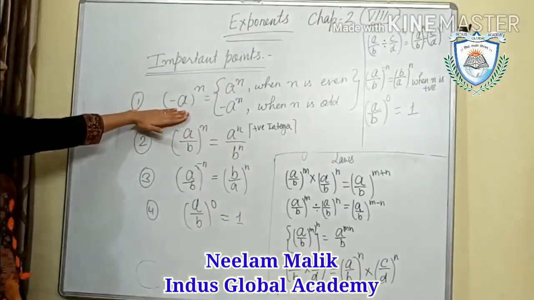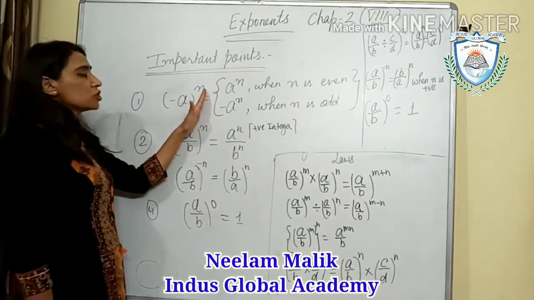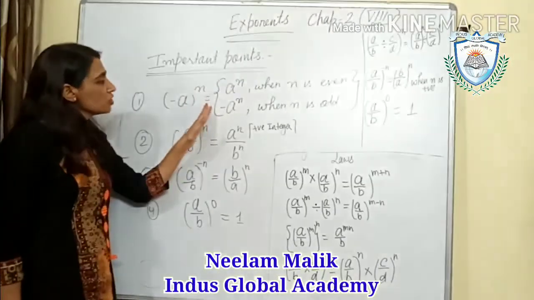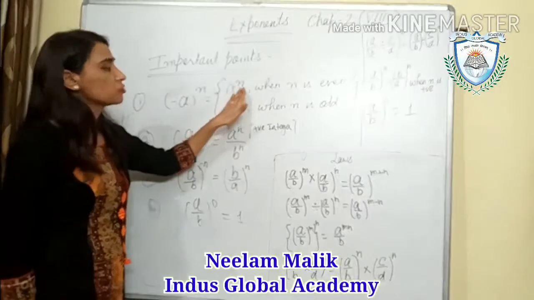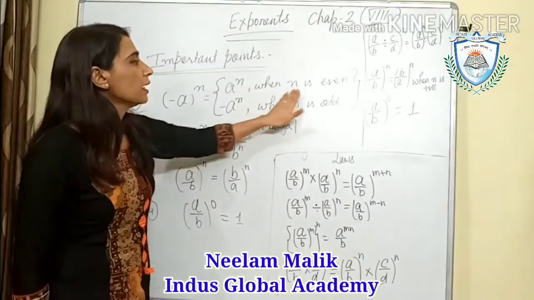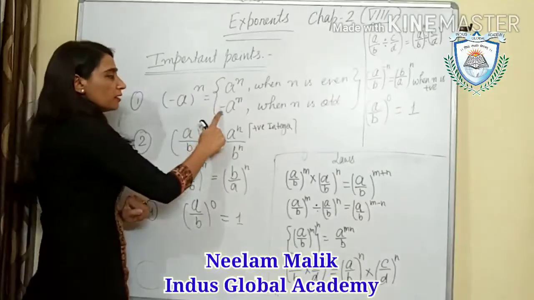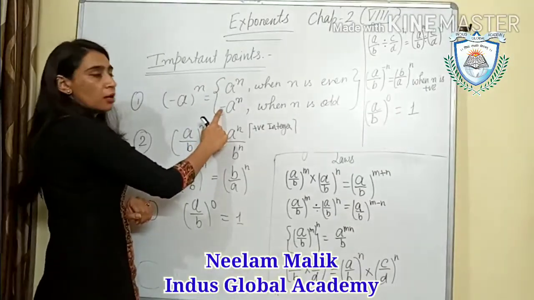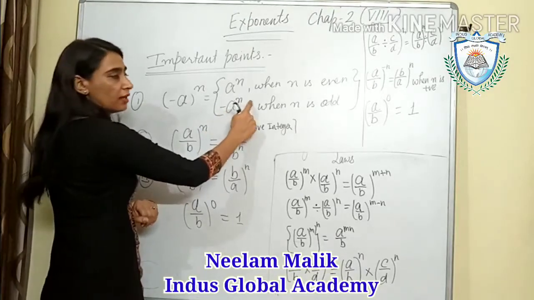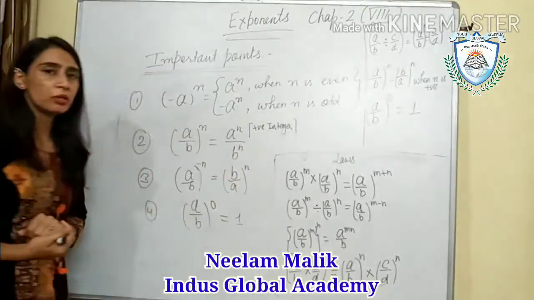First one is (-a) raised to n. It will be equal to a raised to power n when n is even, and this will be equal to minus a raised to n when n is odd, where the minus will be outside.